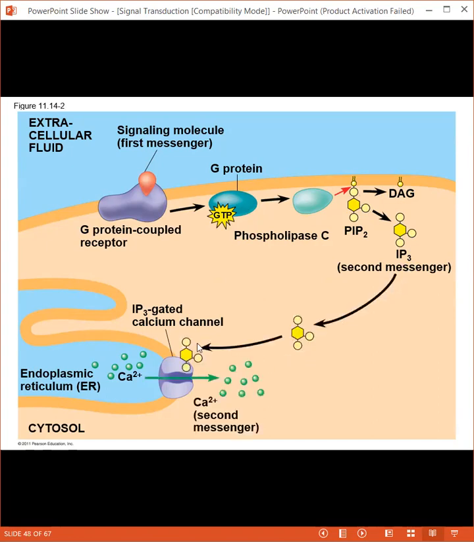Here the IP3 gated calcium channel is activated, and calcium is released from the endoplasmic reticulum into the cytoplasm. By this way, IP3 or DAG can be used as a second messenger molecule in the cell signaling pathway.